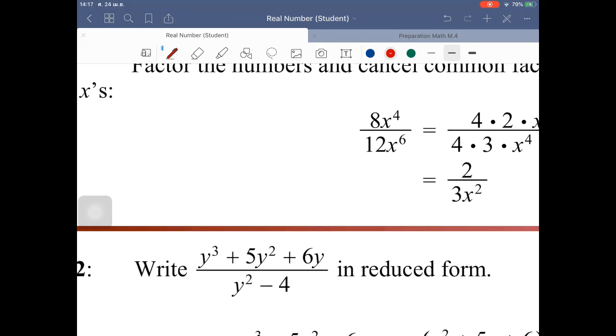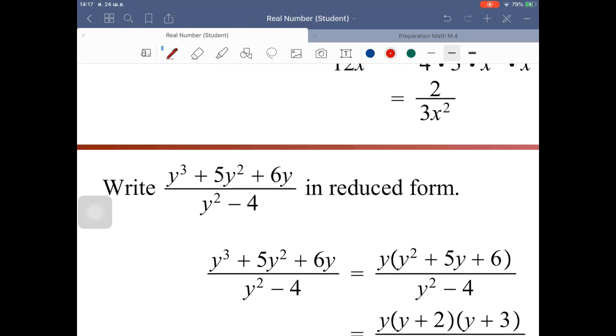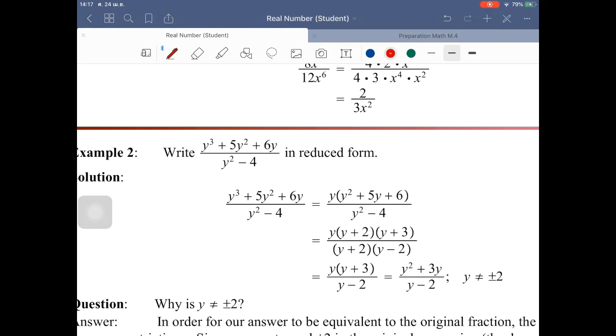This one is more challenging. You have to factor this one first. Here, in the numerator, you take the common factor out, which is y. When you take y out, you get y squared plus 5y plus 6, and then you factorize this again to be y plus 2 and y plus 3. And the denominator here.